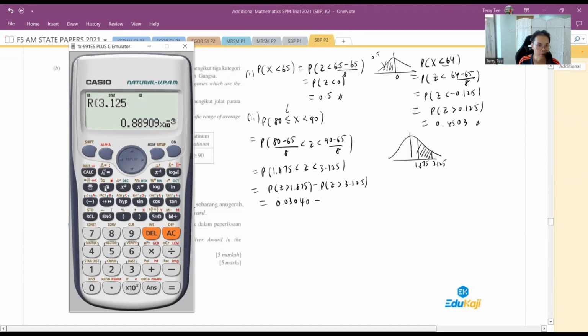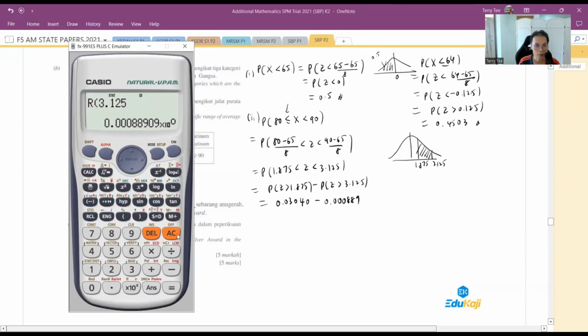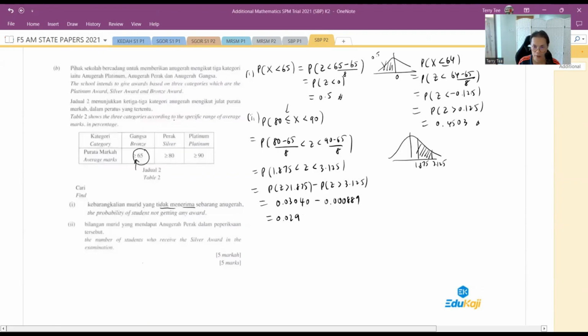I shift ENG twice to convert to decimal: 0.000889. So I'm going to take 0.0304 minus this answer, and you should get 0.02951. A very, very small value.